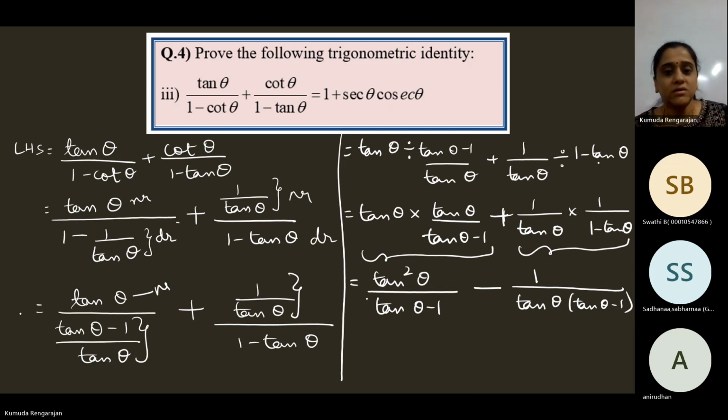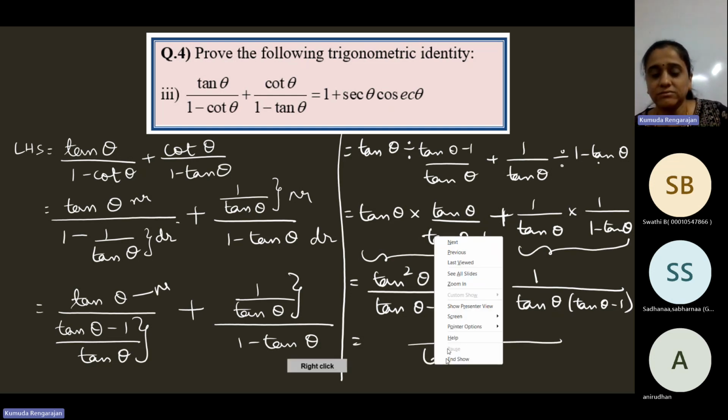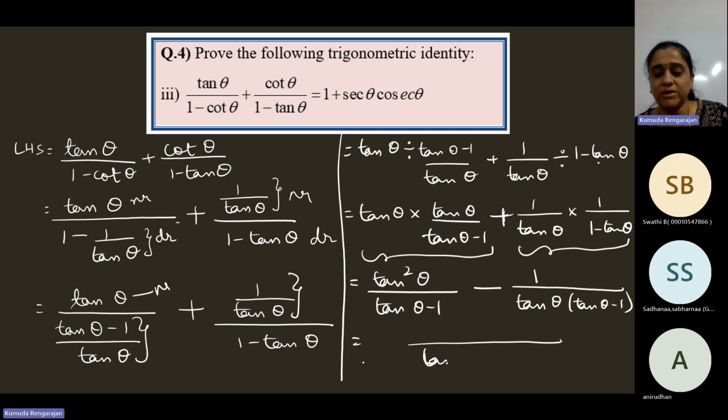All right. So now the common denominator is tan theta into tan theta minus 1. This is the common denominator, correct? So now here tan theta minus 1 is there. So you should multiply with tan theta. The denominator of this one is there.